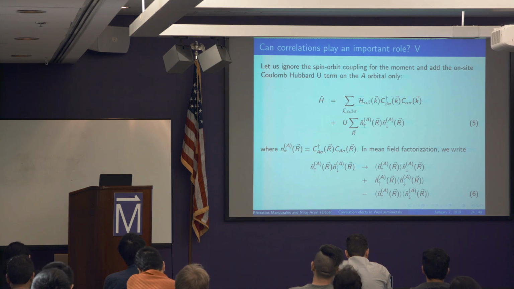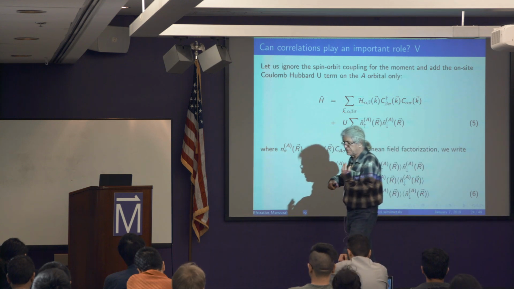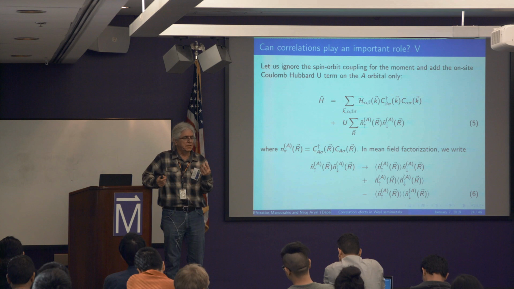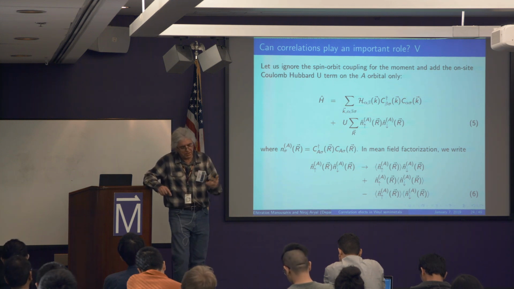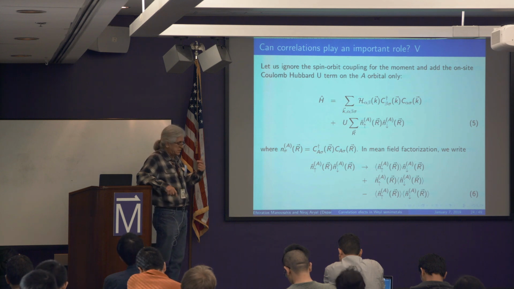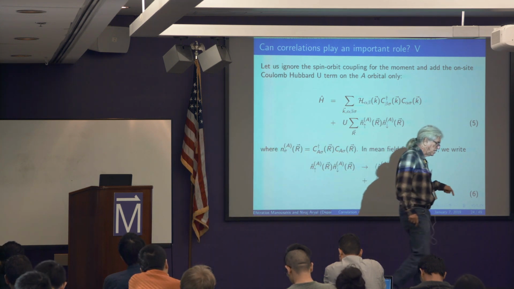Make sense? So the up spins provide a mean field, the density of up spins provides a mean field for the down spins, and vice versa. So I have to do a density functional theory, separated with up densities and down densities separately.